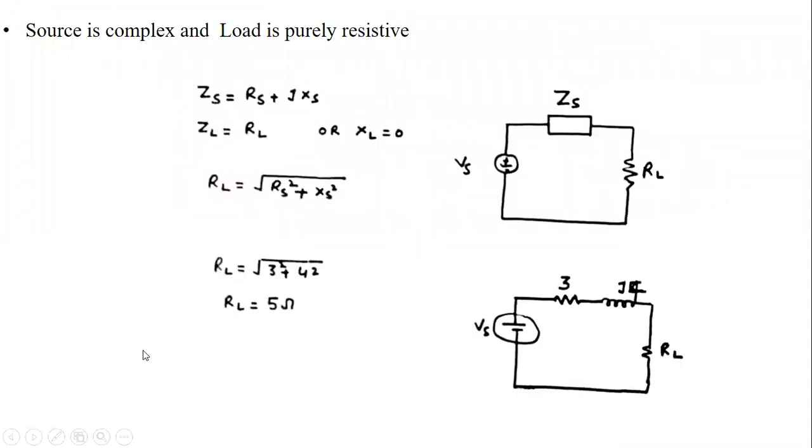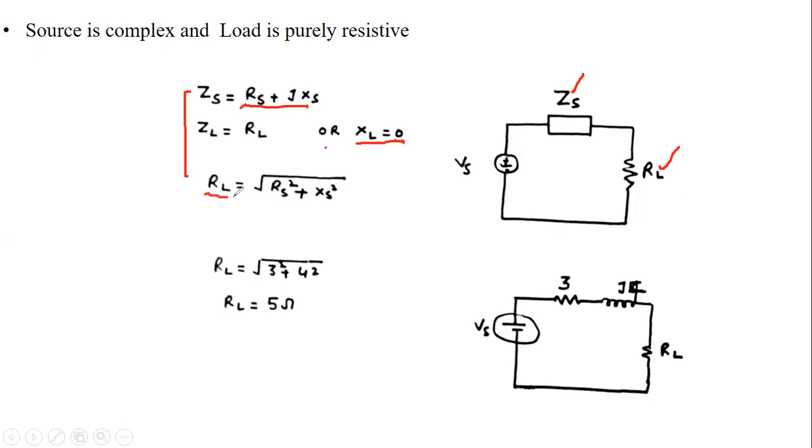Now, the third case, when the source is an impedance and the load is a resistive load. So in this case, what is the condition? That is one more important case. Here XL is given as 0 and ZS is given as RS plus jXS.